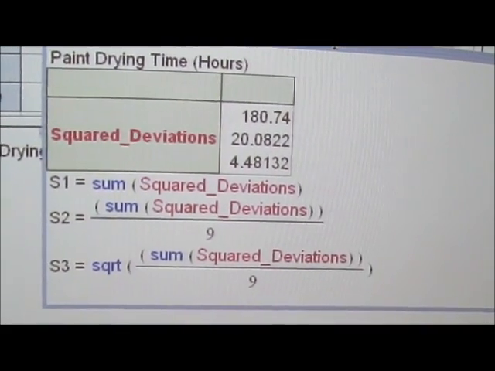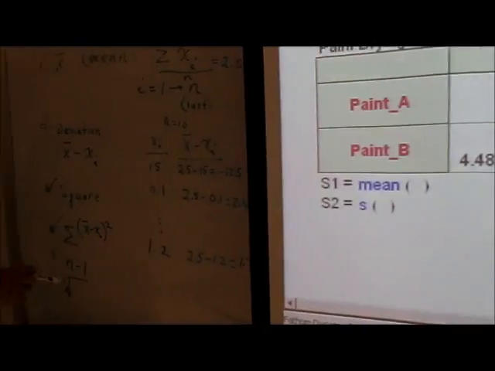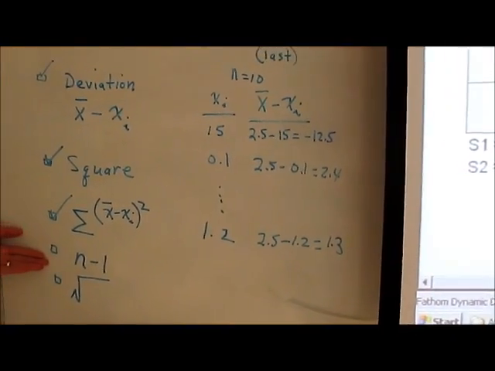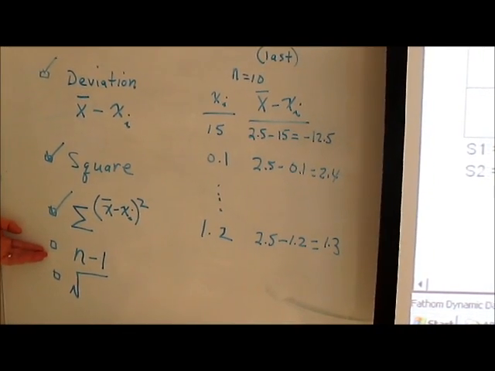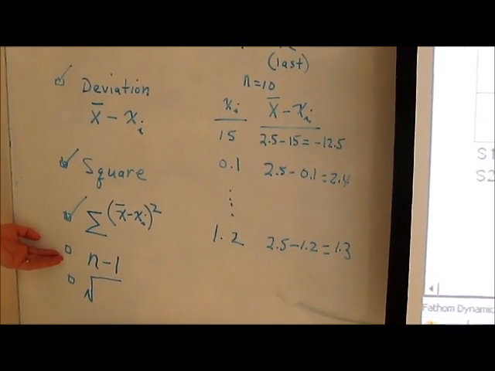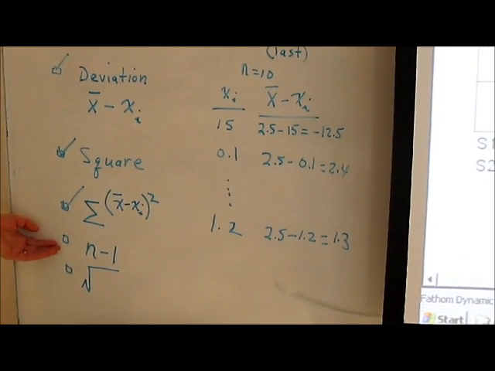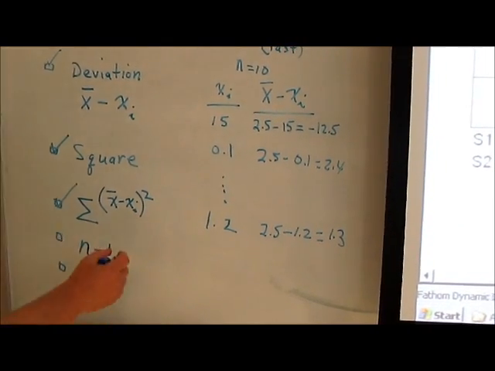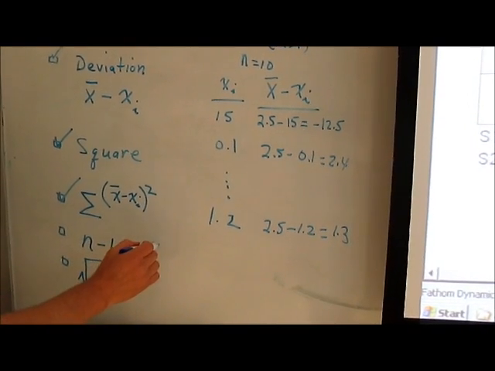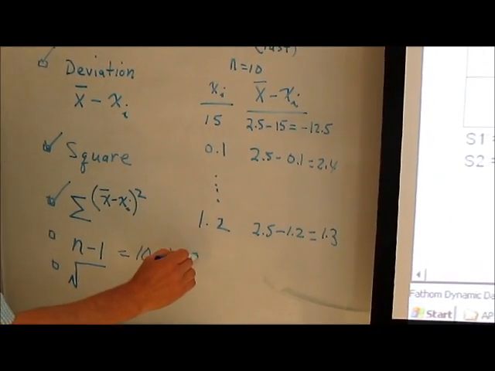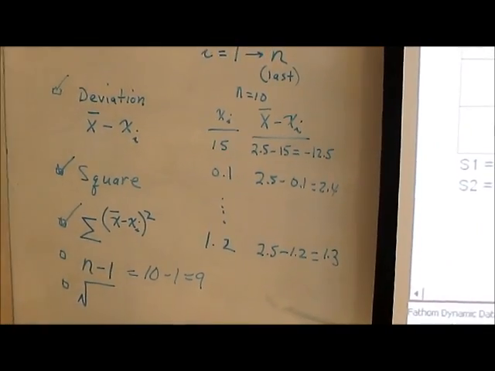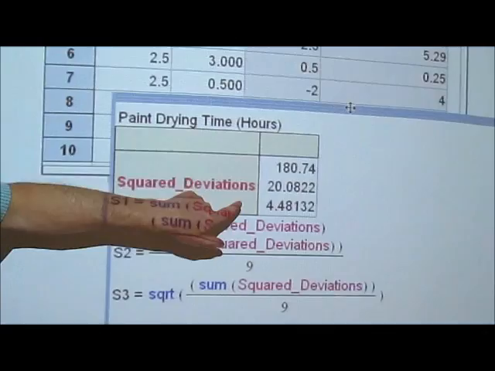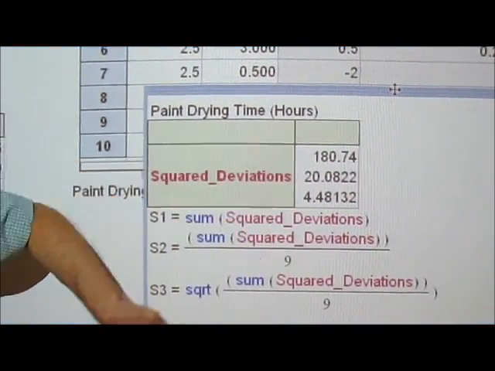The next step is we divide by n minus 1 because we don't want to know the total squared deviations, we want to know the average. And when we calculate a standard deviation, instead of using the total number of data values for our average, we use the total number minus 1. So in this case, a value of 10 minus 1, or 9. When we divide our total sum of squared deviations by 9, we get a value of 20.0822.